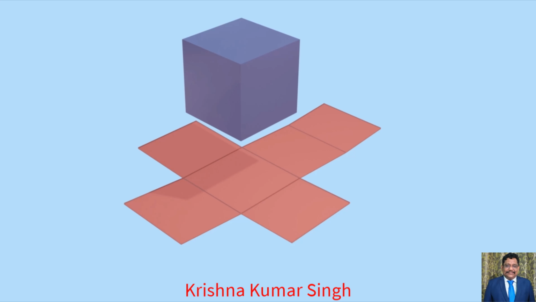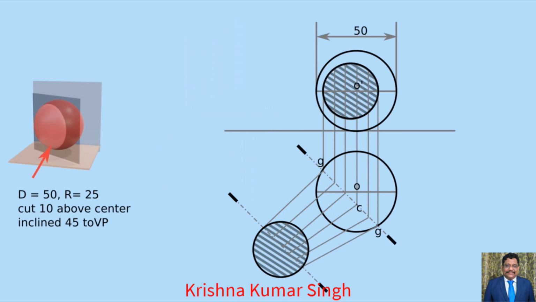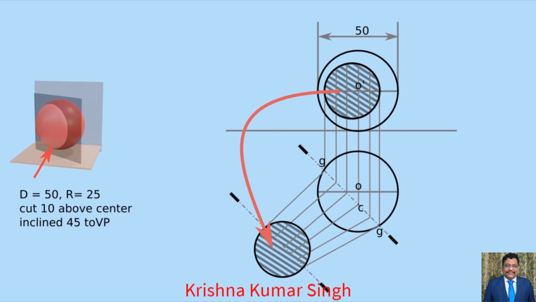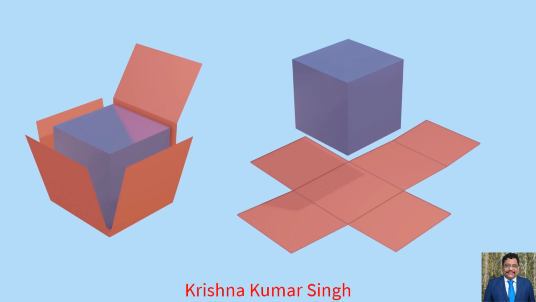It seems that we have understood about development of solids, but there is one tricky question left. In projection of solids, also, we can project the true shape and size of an object, like in auxiliary view. So how does development differ from projection? Don't be confused. Development is different from projection. While projection shows the true shape of one particular surface, development is a 2D plane drawing that shows the true area of every surface of the object.